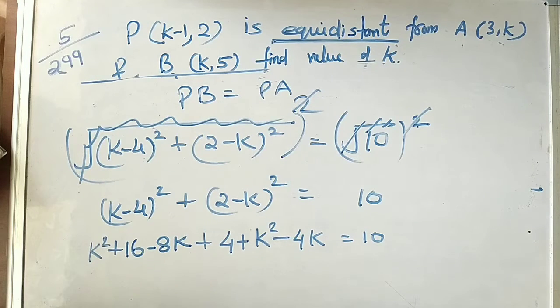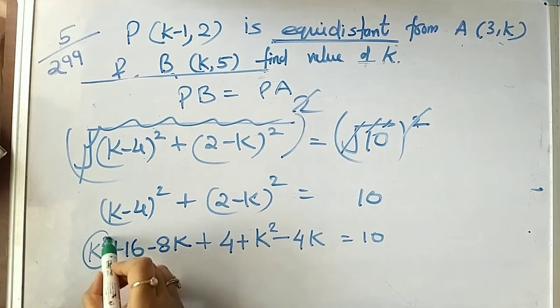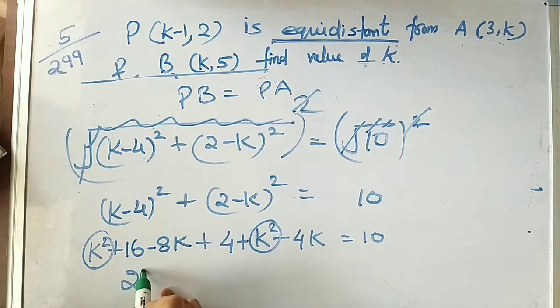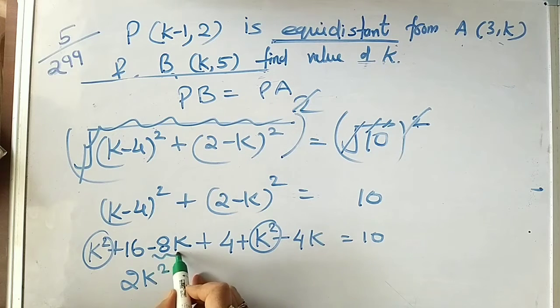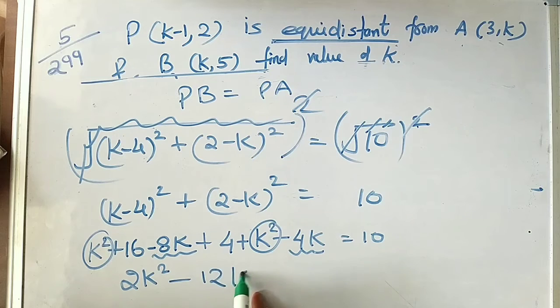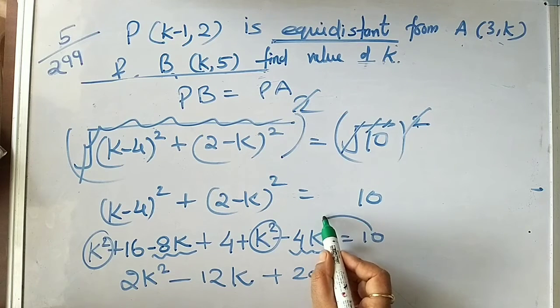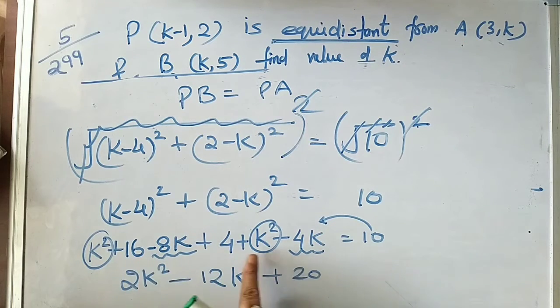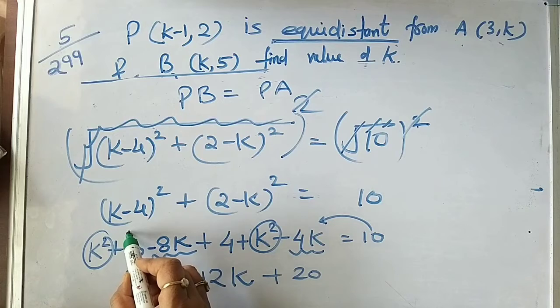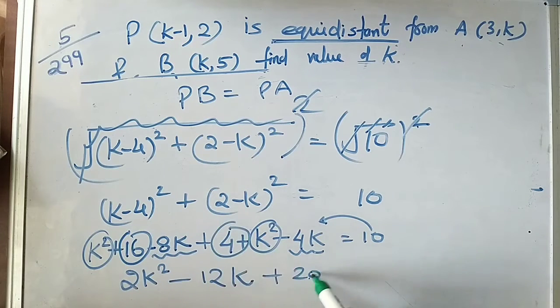If I simplify it, k square and k square will become 2k square, minus 8k and minus 4k is minus 12k. Then 16 plus 4 is 20, and this 10 can come to this side, minus 10 is equal to 0.